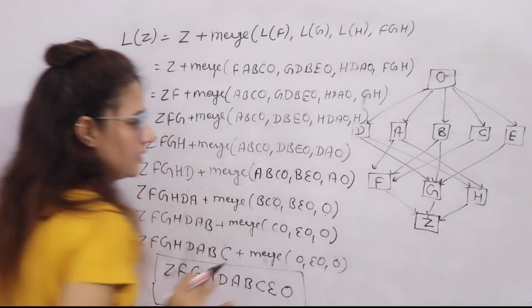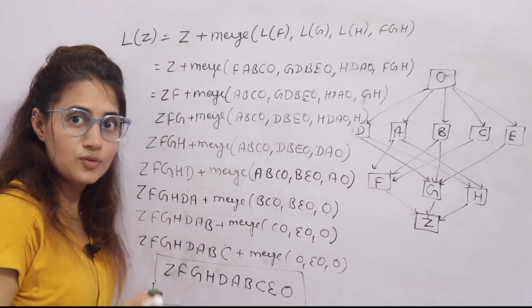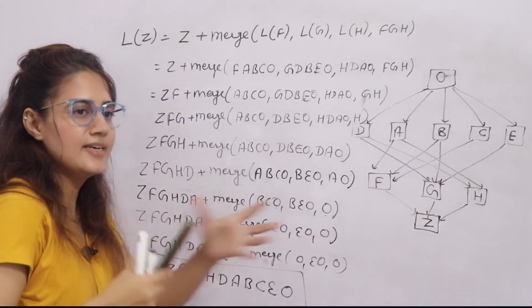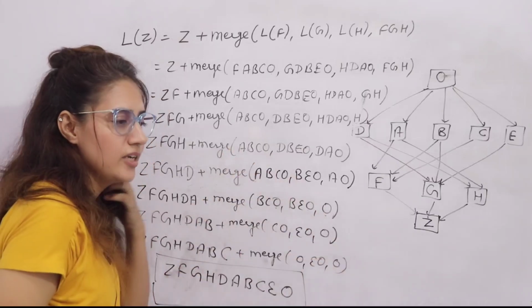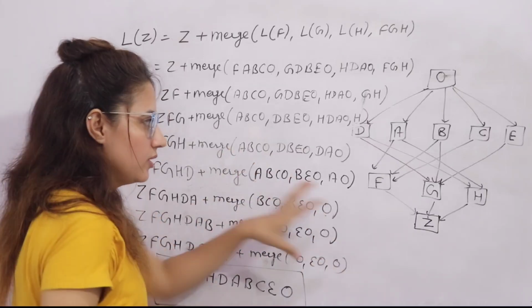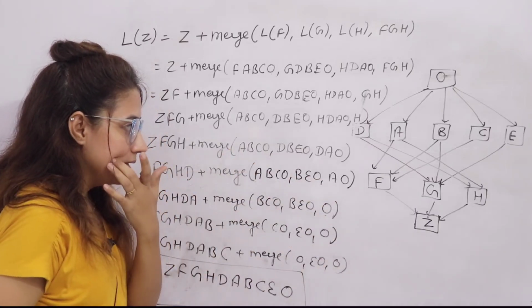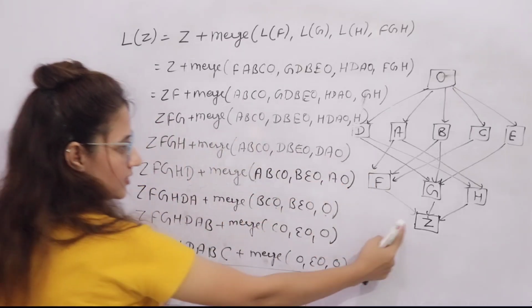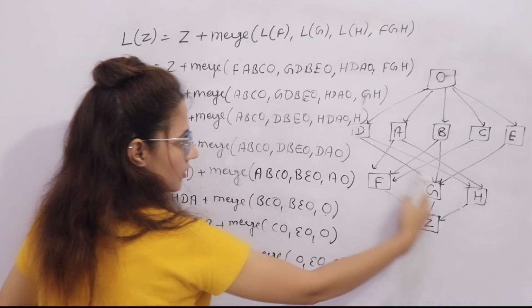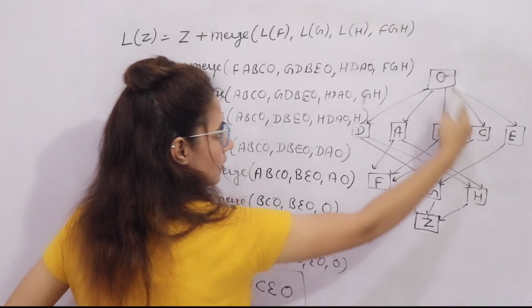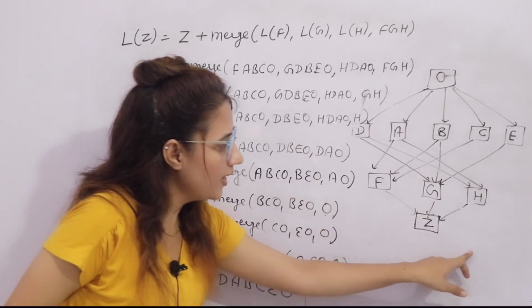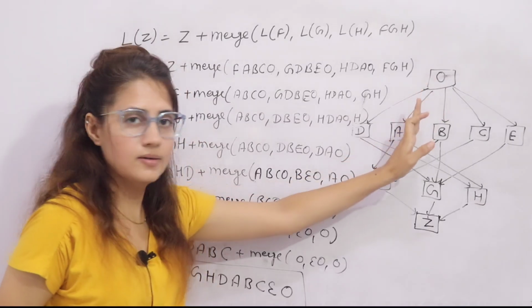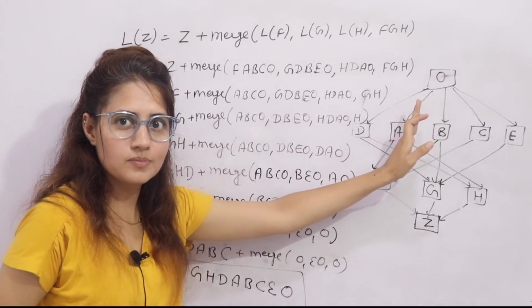for Z in this diagram with the help of this C3 linearization technique, which is used by default in Python 3, right? So if you see this diagram, this is Z, F, G, H, D, A, B, C, E, O. So it is left to right, then in depth we are going.